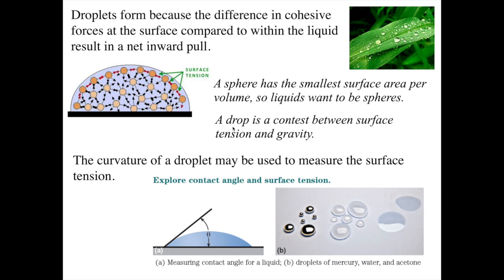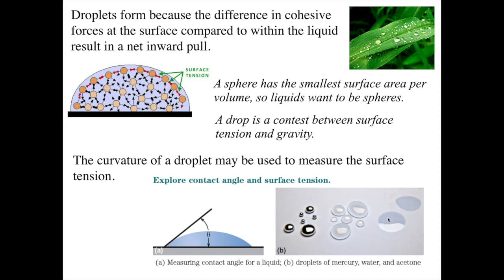And so we can see this picture in the lower right where we have different substances like mercury and water. They have a high surface tension and they form spheres on the surface. But acetone has a very low surface tension in comparison, and that liquid tends to spread out.